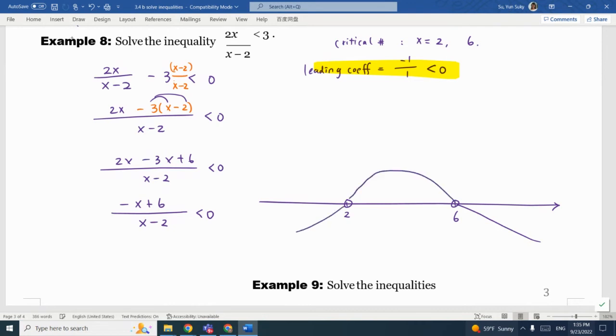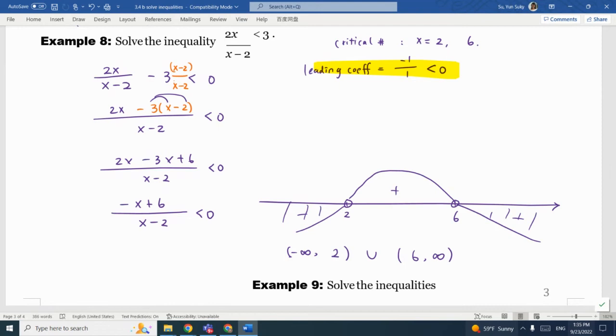Cross. Because they're both degree 1, so we cross them. So this is negative, positive, negative. Are we looking for positive or negative? Negative. So the interval is minus infinity to 2, and then union 6 to infinity. Good.